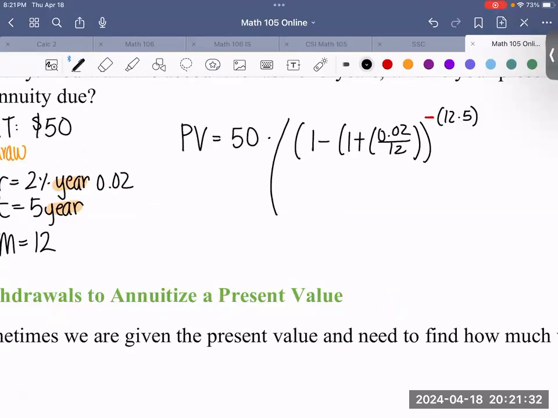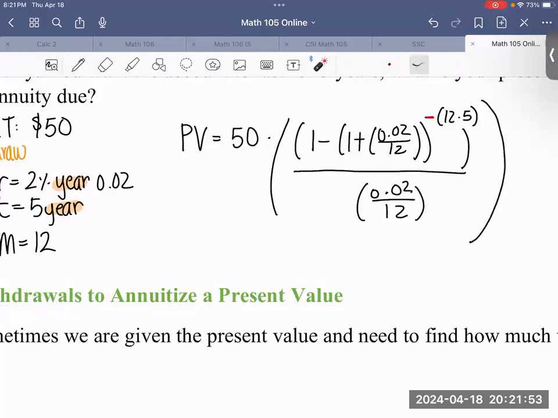Keeping track can be hard, so I'll start from here. I opened, I closed, I opened, I closed, I opened. Now I need to close this amount, divided by 0.02 over 12, and then the big close. At the very end, it is super important to put this last one here. This is the most important one to close. If you don't do this part, I think your calculator will know what it's working with, but this one is the most important one to close.